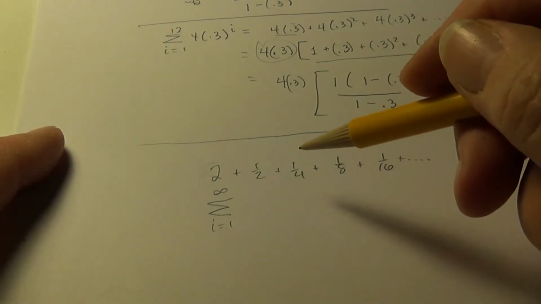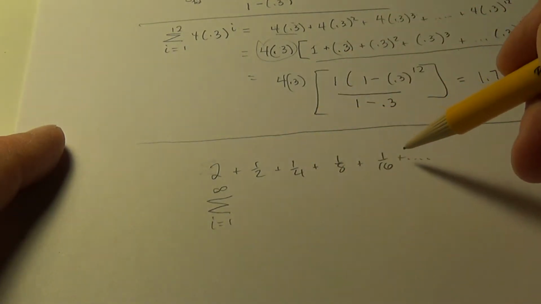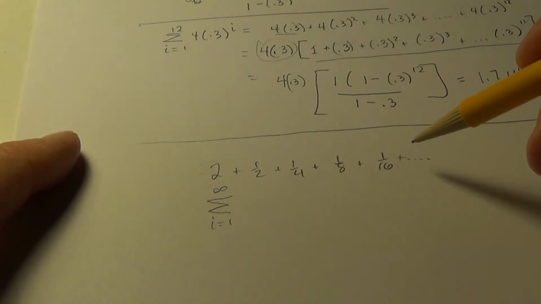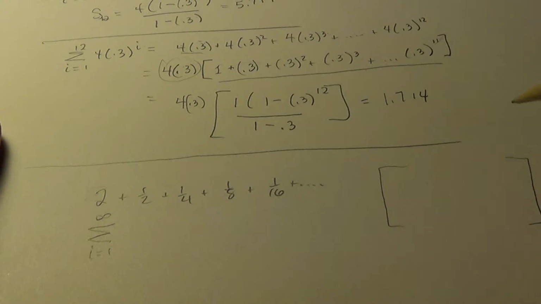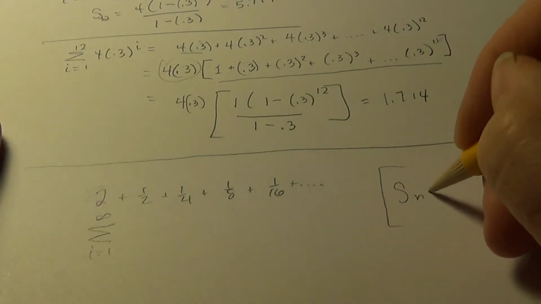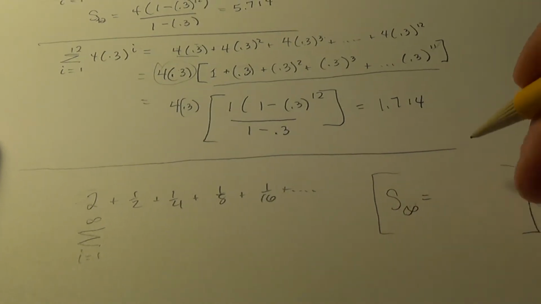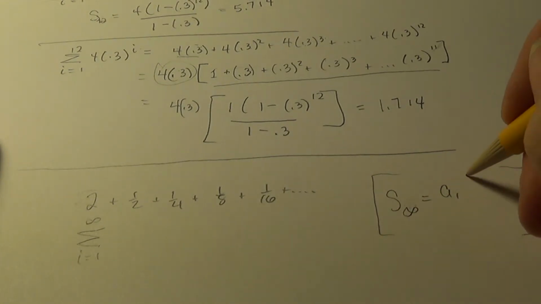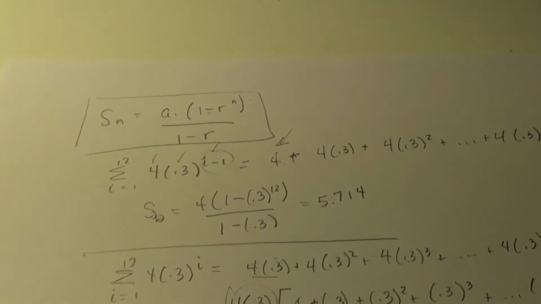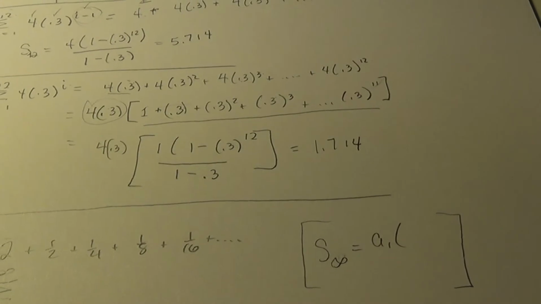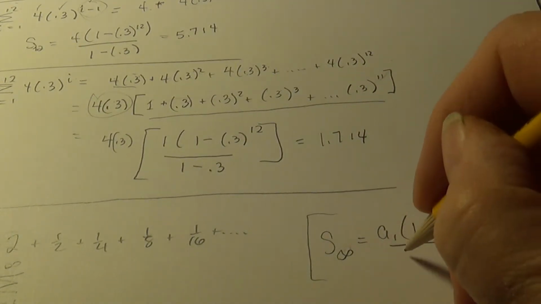Well, the answer is sometimes it is possible and sometimes it isn't. This one that I show you is possible. Let's see what happens in our box if we go infinite. Because the sum of n numbers, which is now going to be infinity, is a sub 1 times, I'm just filling in our old formula from up here, 1 minus r to the n over 1 minus r.